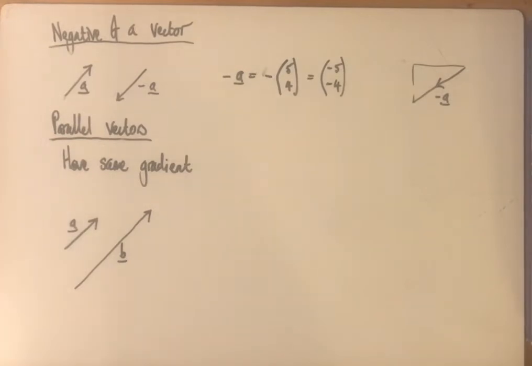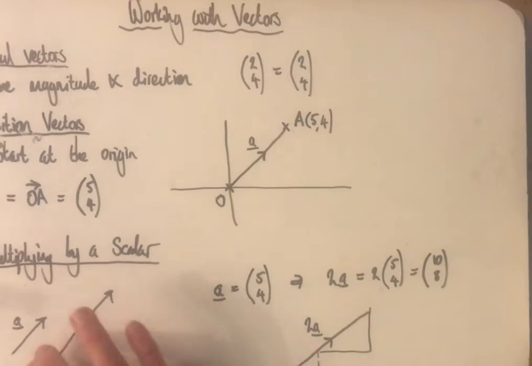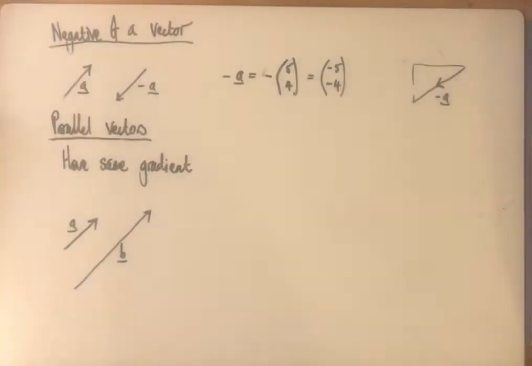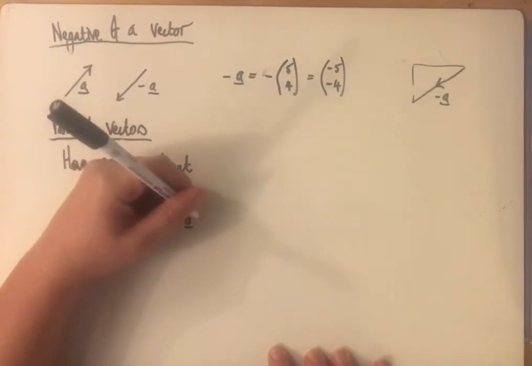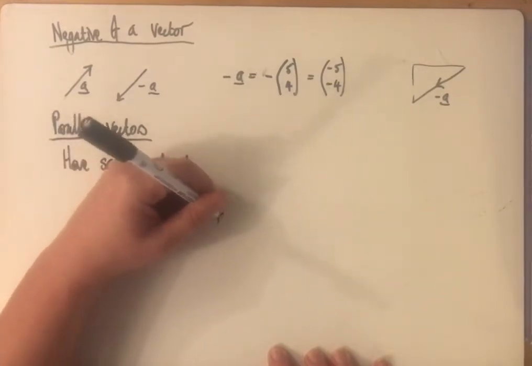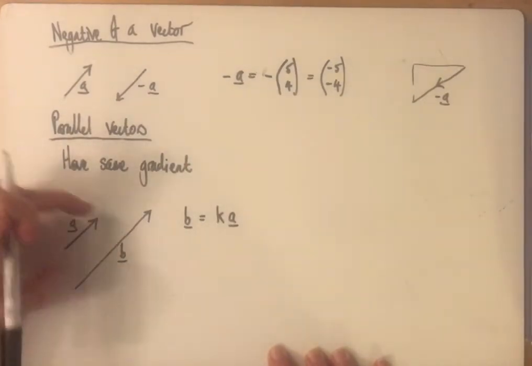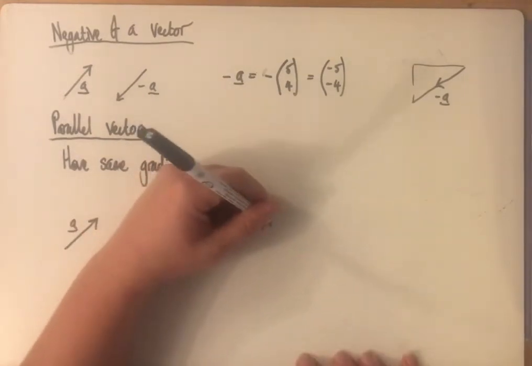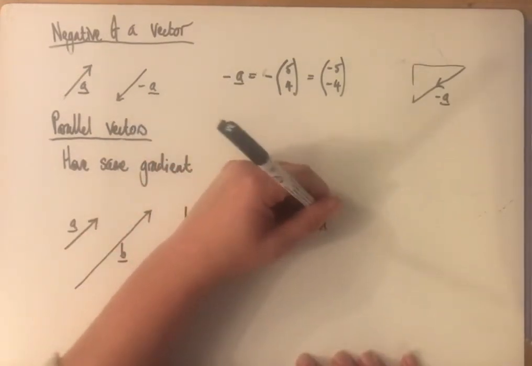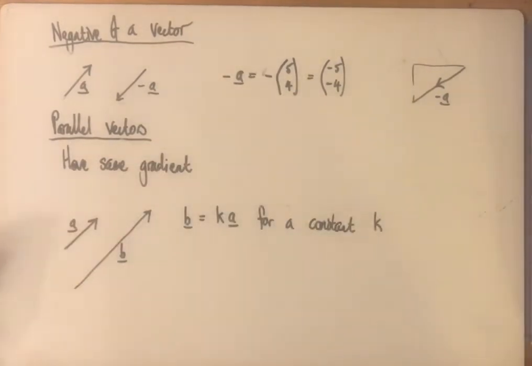If you think about what we're doing here, when we multiplied by the scalar, you get a vector in the same direction, different magnitude. So these two vectors are parallel if B is equal to a constant, a scalar constant, times A. So it's K lots of A, for a constant K. They could be travelling in opposite directions and still be parallel.